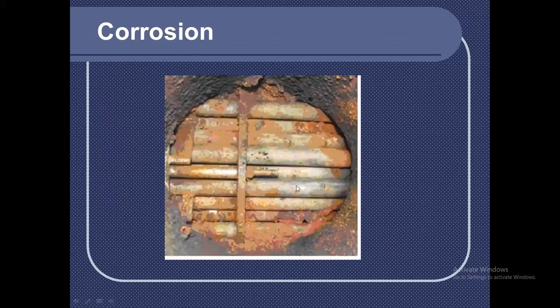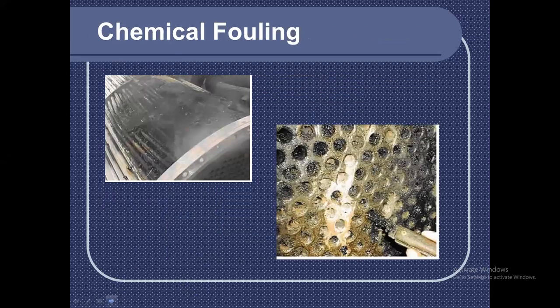Another one is corrosion. This is very common if you have high fluid flow. And then we have chemical fouling in the case of those fluids that are not only undergoing a simple heating process, but also undergoing chemical reactions.